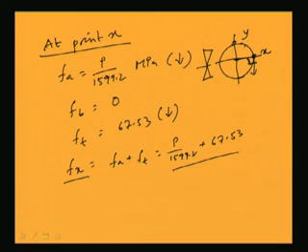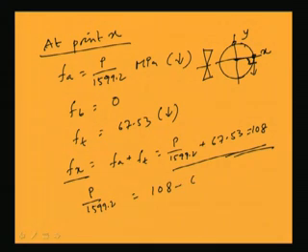The stress developed at point x in any case should not exceed the limiting value, which is 108. So, if I make it equal for the critical condition, then I can find out the value of P. So, P by 1599.2 will become 108 minus 67.53.